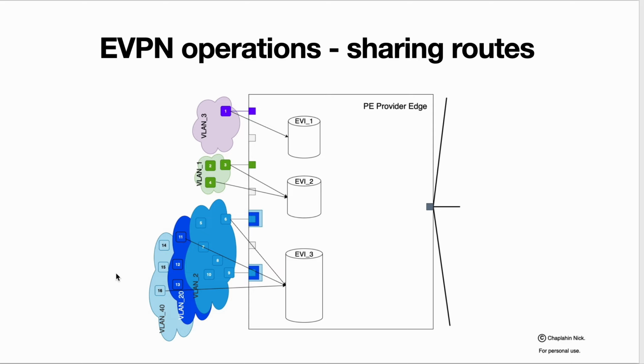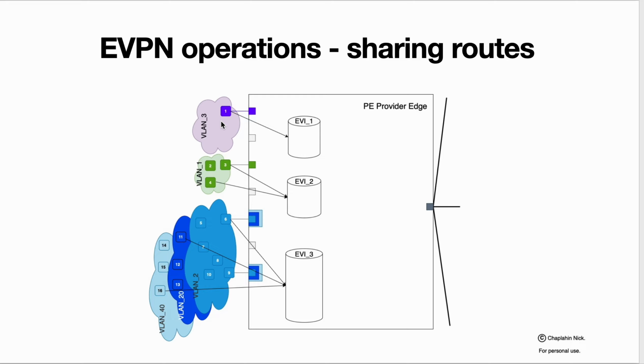And now appears the EVPN instance. In the most basic, simple configuration and use case, an EVPN instance equals one single domain.